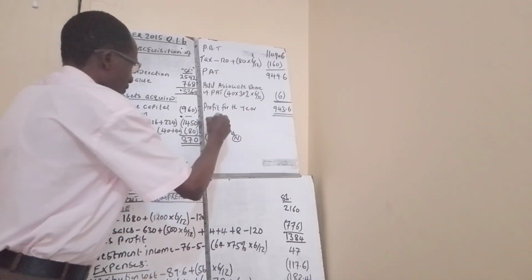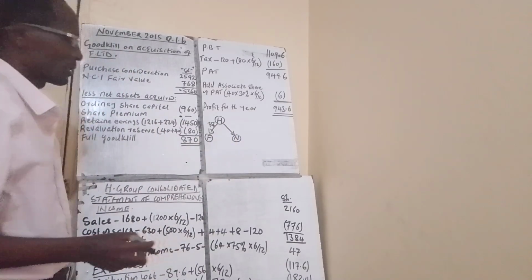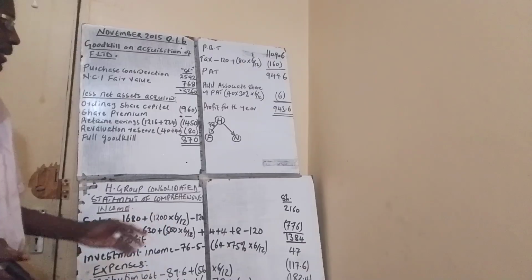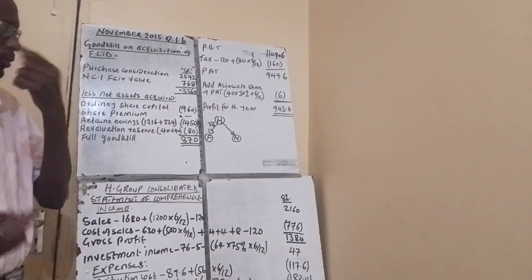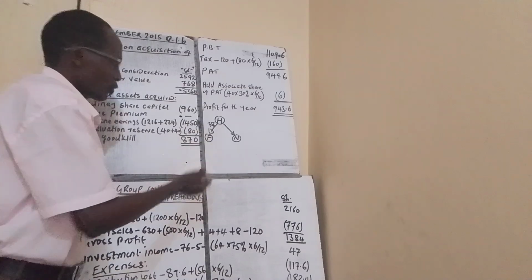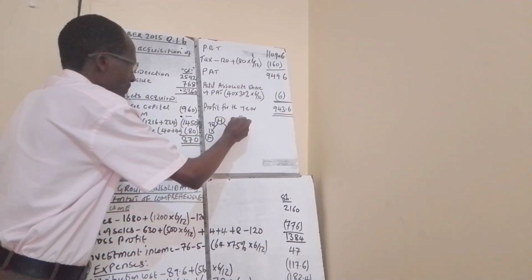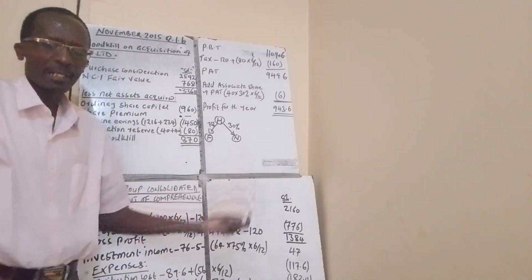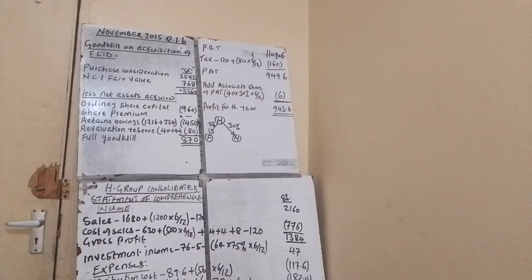So H Limited acquired 75% of F Limited. So the remaining 25% goes to NCI. We are also told on the same date they acquired 30% of N. So N Limited becomes an associate. N Limited is an associate.